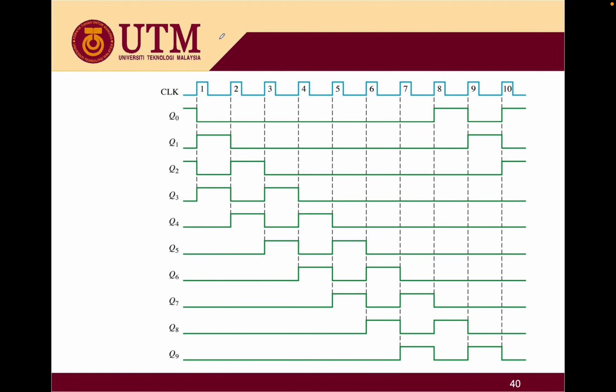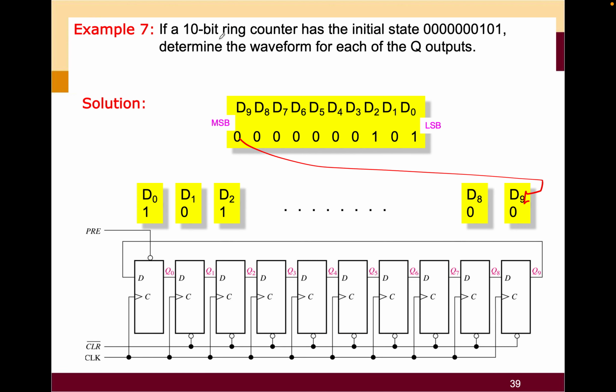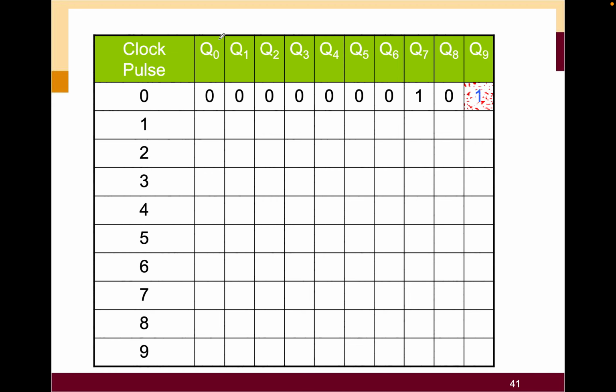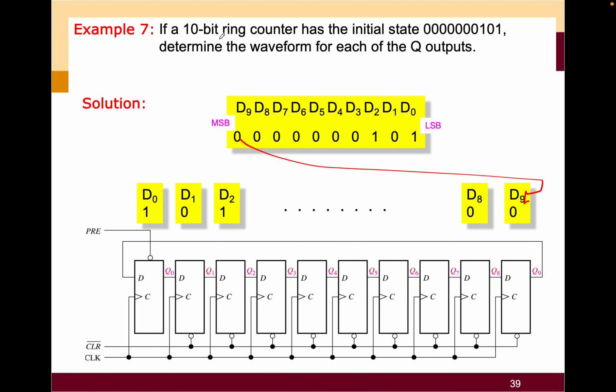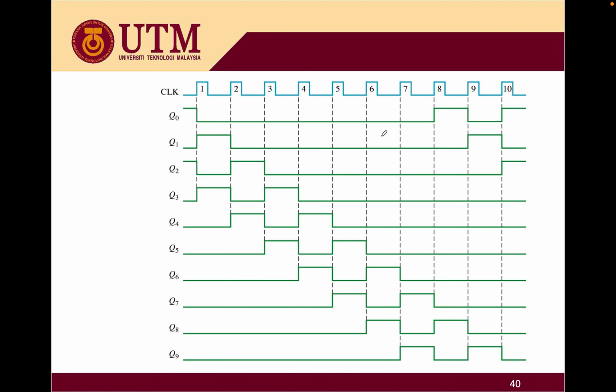Then in terms of your timing diagram and also your table later on, what you're going to do is feed in the value of your D0 at this one. You can see here this is all your positive clock.